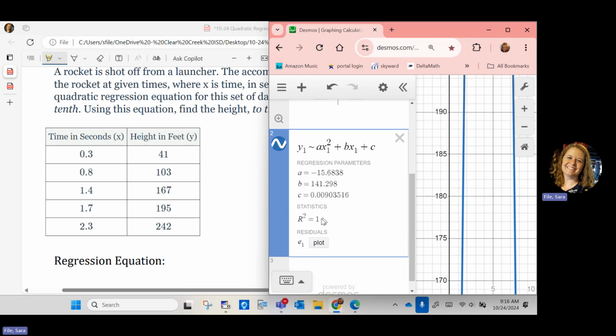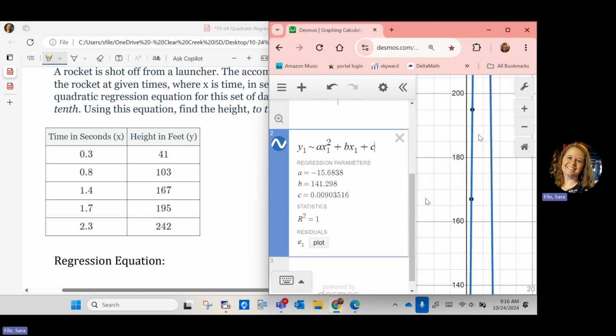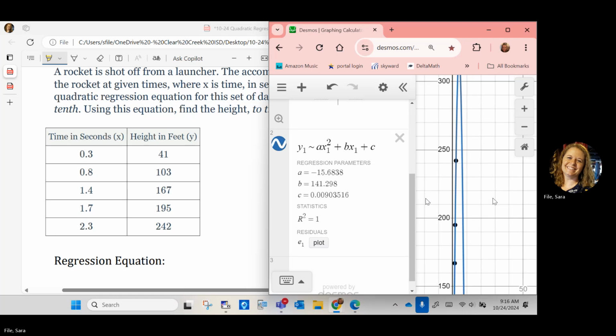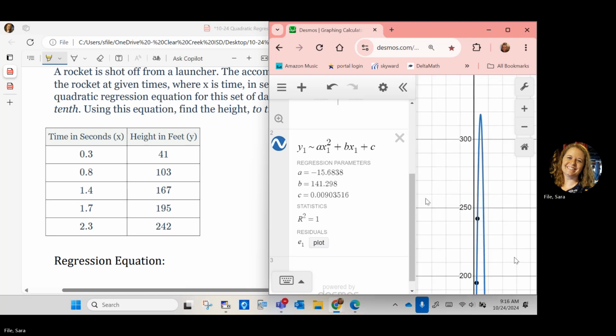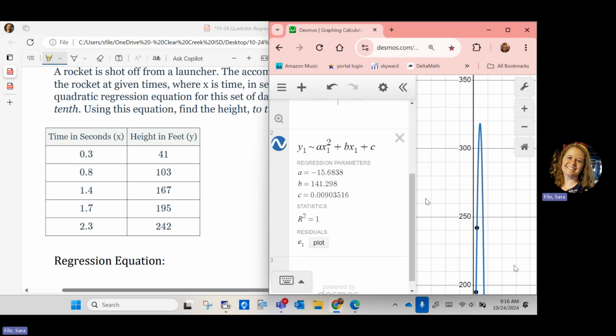That means this is a perfect fit for this model that was generated here. You can see the graph, the parabola popped up here. You can zoom out, you can see the points from the table are there. And then this is the parabola that goes through those points.